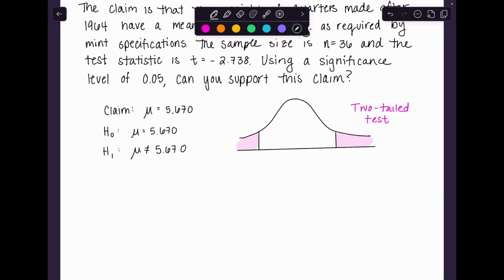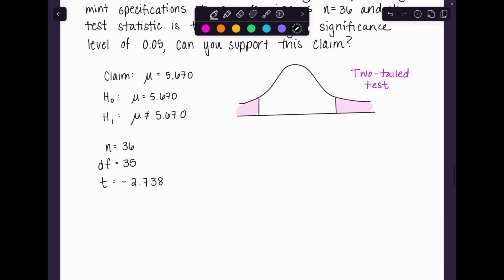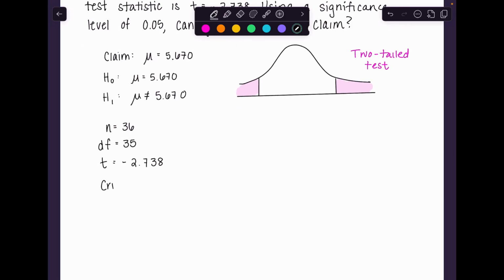So going through, our sample size is 36, which means our degrees of freedom is one less, which is 35. And they already calculated the test statistic being negative 2.738. So we're going to start with the critical value method. So in this case, we're going to have two critical values that come exactly from the symmetry.